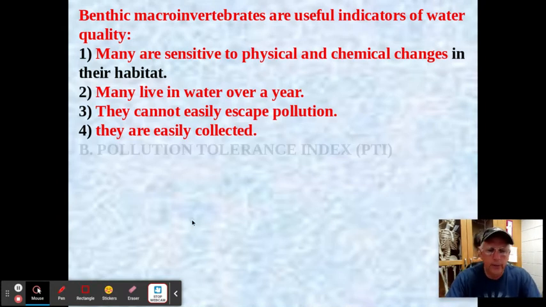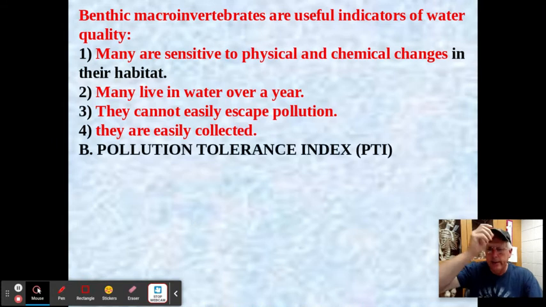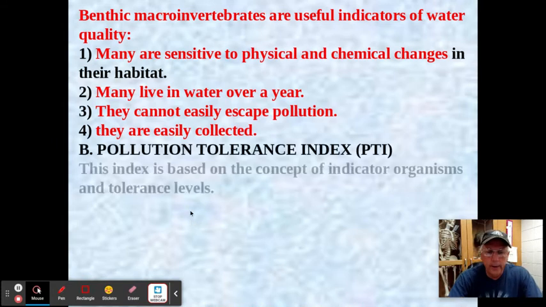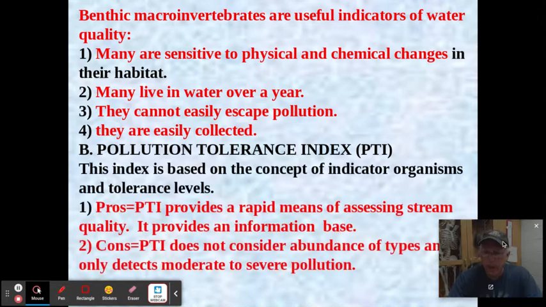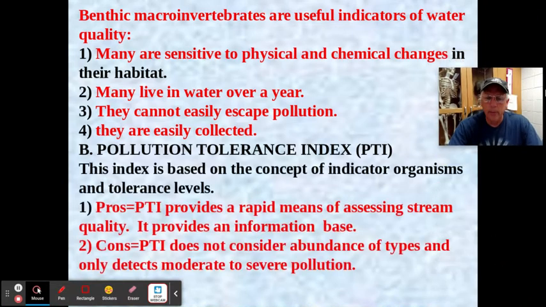So they came up with this thing called the PTI. It's an index that tells you, I have a problem with my water quality. In other words, it's a rapid way, and it's easy to do. You don't have to drag a bunch of chemical tests out there and spend lots of money. You get a net and a screen, head out there, and start looking at what's living in there.